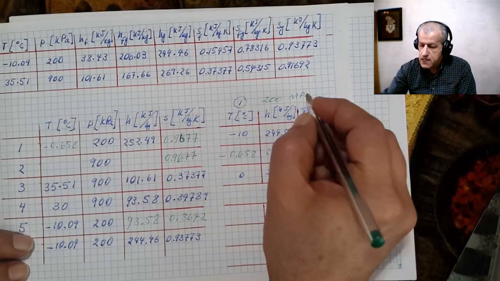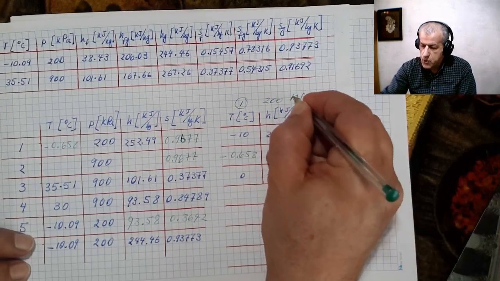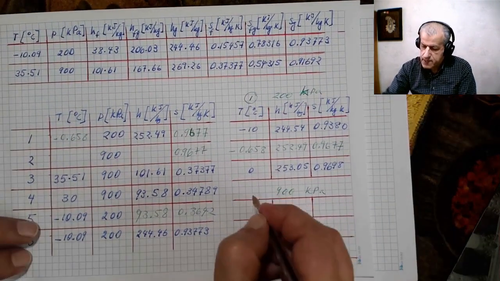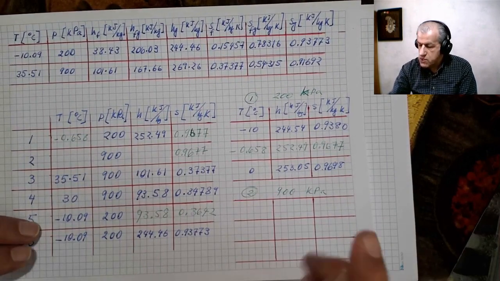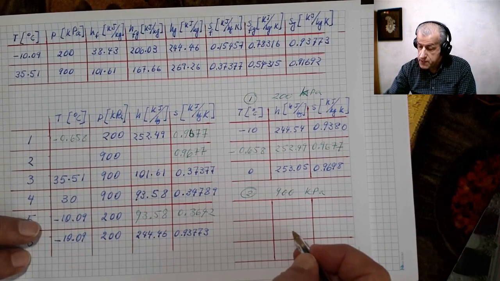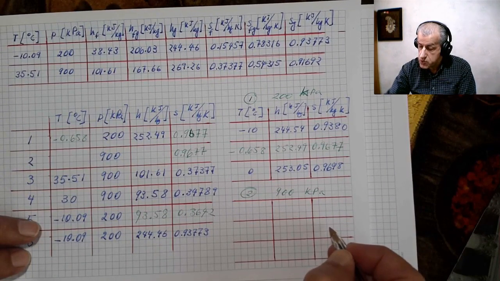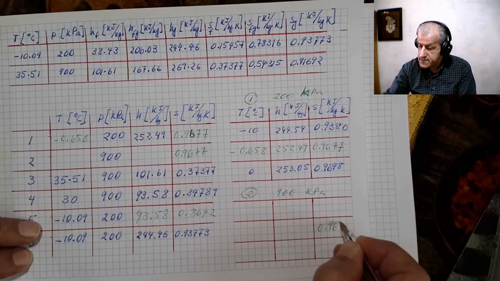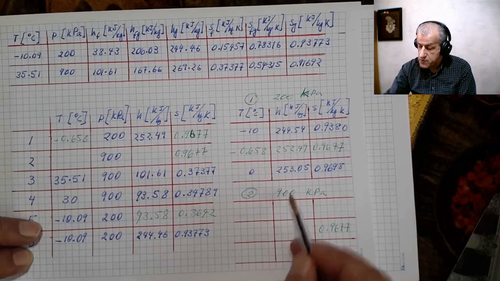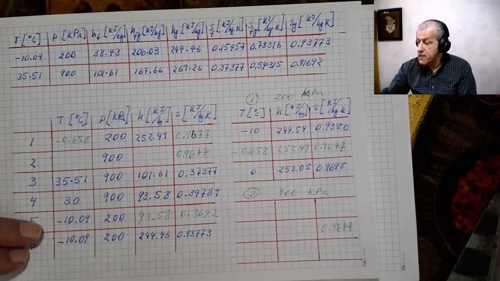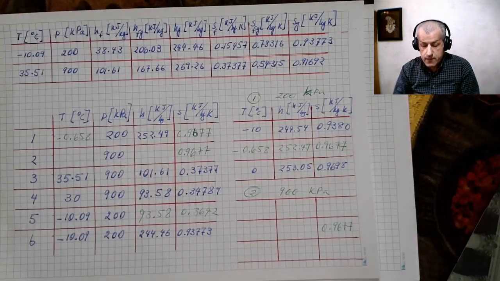The other one is in kilopascals as well. It is 0.2 megapascal, but in kilopascal it is 200. We know the entropy, 0.9677, and the pressure, and now we have to read temperature and enthalpy from the table.